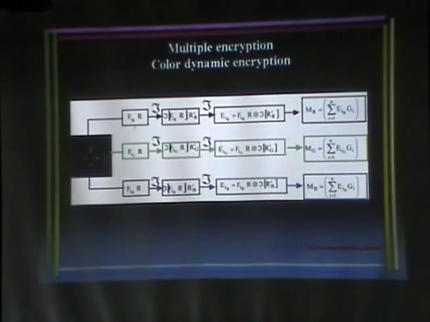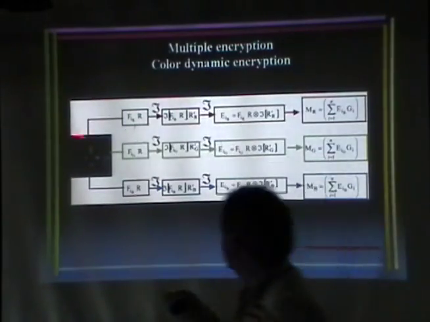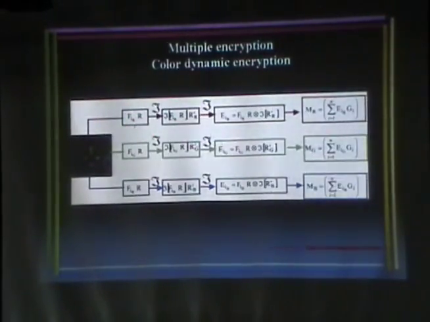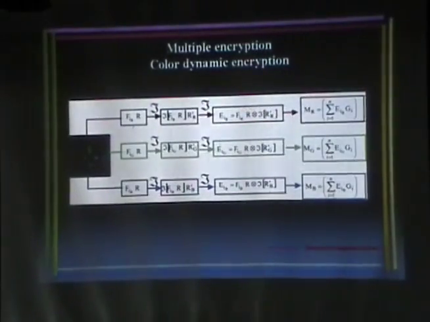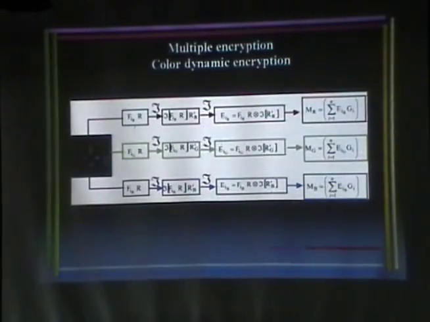Then in the decryption step, you must unavoidably synchronize the 3 channels at a time to get the color movie reflected. So the key difference is that in this case you need 3 different channels. Each one is a monochromatic movie, but you must combine them in the final step.